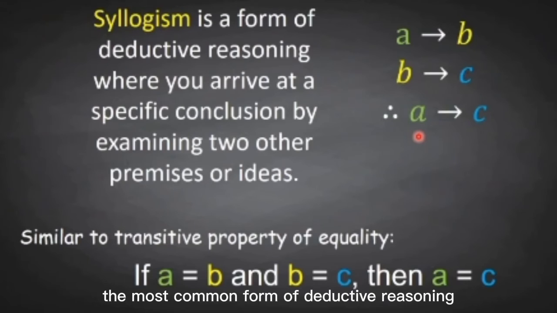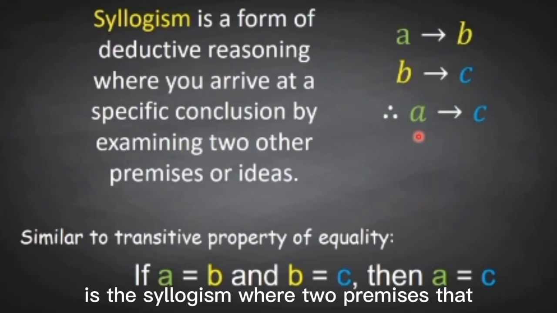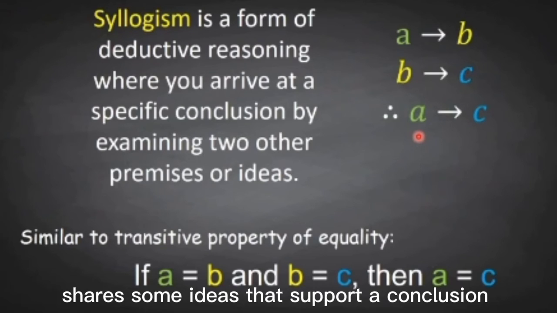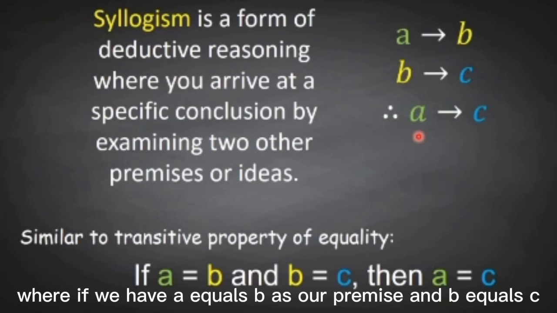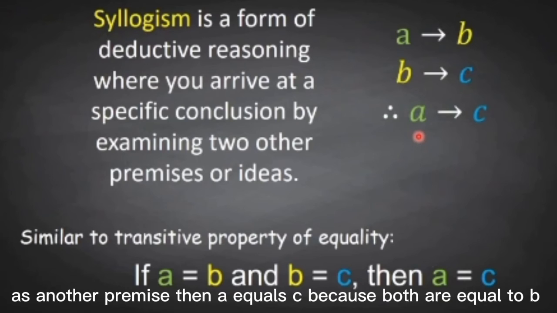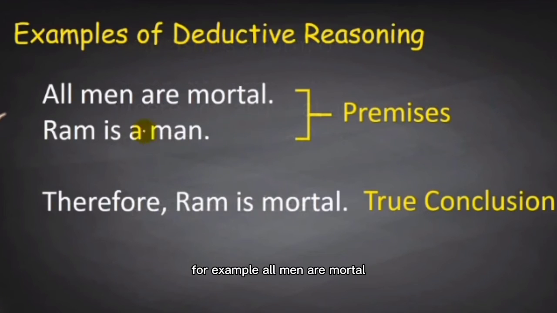The most common form of deductive reasoning is the syllogism, where two premises that share some ideas support a conclusion. This is also similar to the transitivity property of equality, where if we have A equals B as our premise and B equals C as another premise, then A equals C because both are equal to B. For example, all men are mortal.